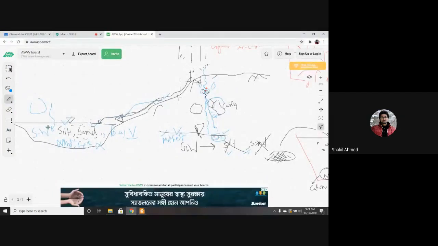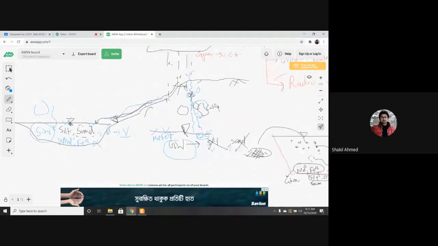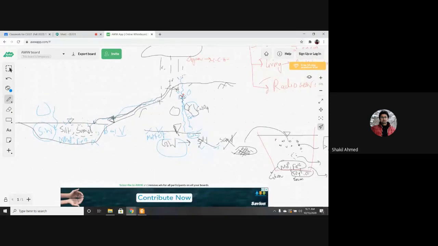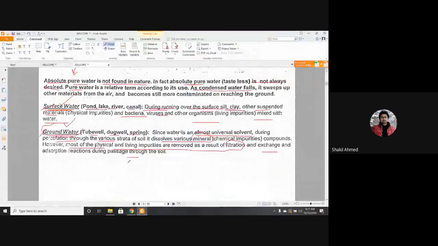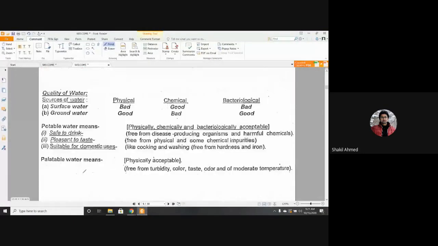Surface water and groundwater, what are the differences? Understand the mechanism. It's very important. So quality of water in general, for surface water, physical quality is bad. Why?